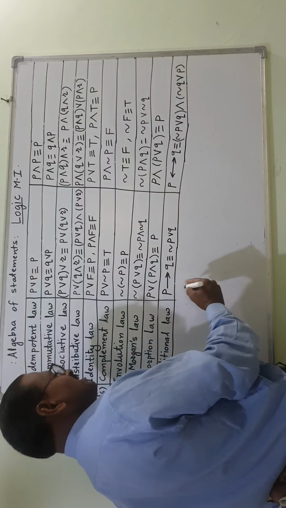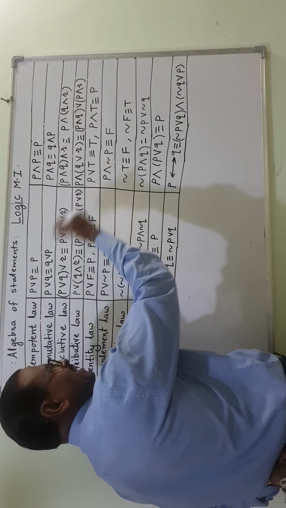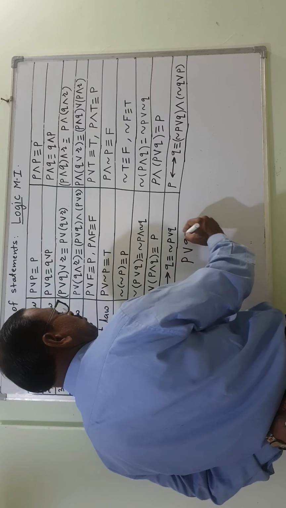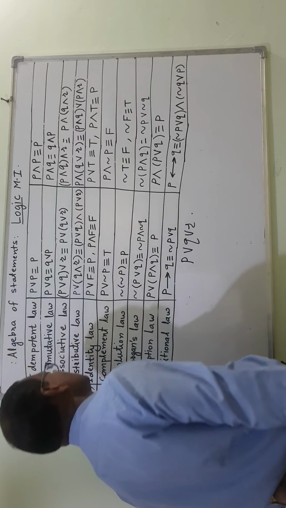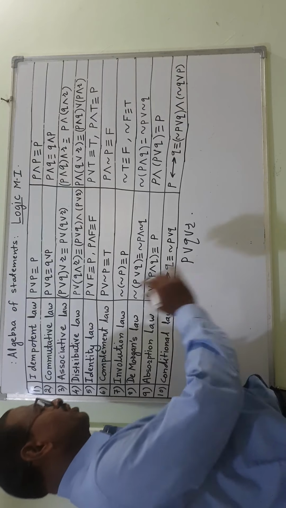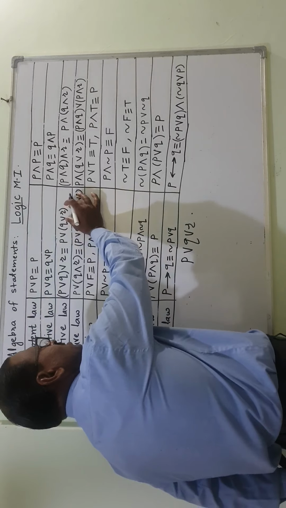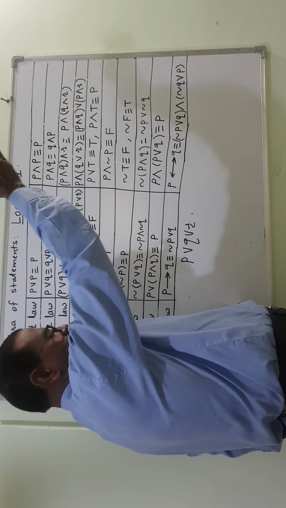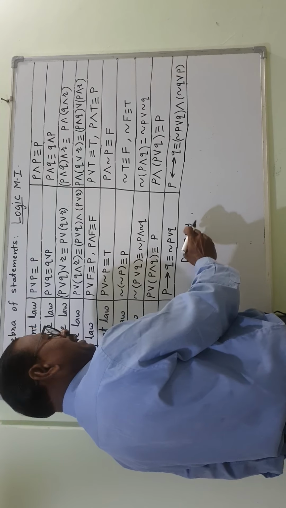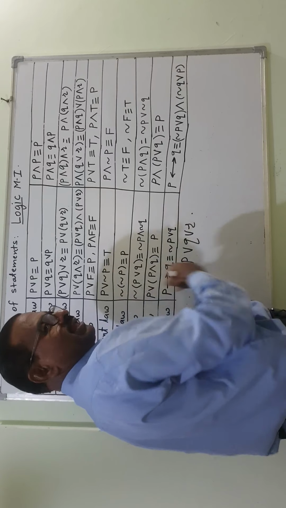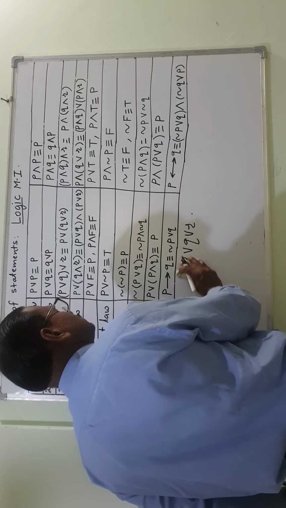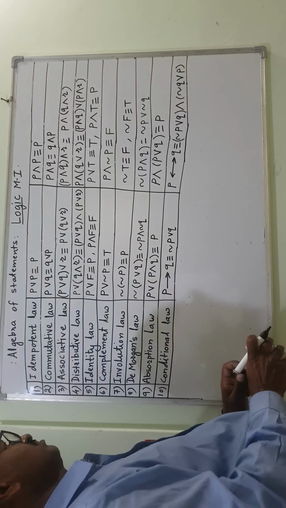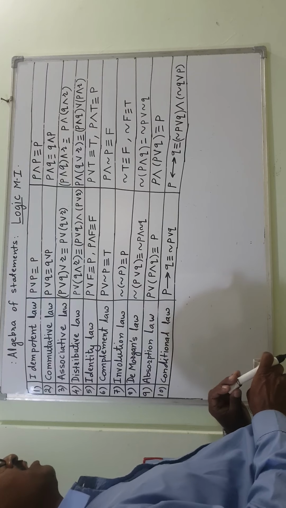In the textbook it is given like this. Next, the last one, P or Q or R. We need not have this operation first and then this operation. What is the meaning of this? You go on solving in the sequence. P or Q, do it and then or with R. Means these are the same thing. This is the association. Associative.